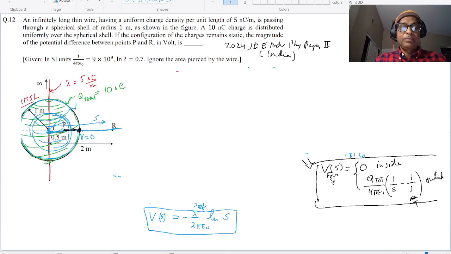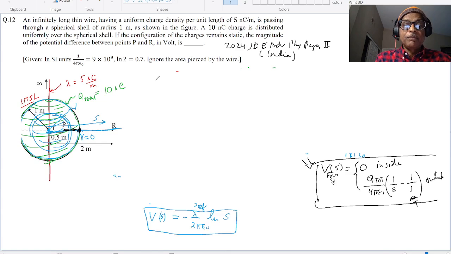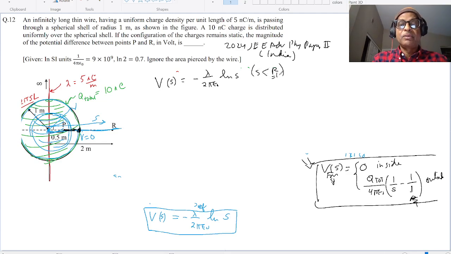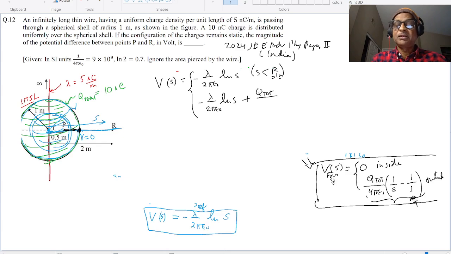Okay, so V at any distance S is just this: if S is less than R, equal to 1 meter, lambda over 2 pi epsilon naught log S, and this is coming from the charges in the wire, and then this stuff here, plus Q total on the sphere over 4 pi epsilon naught times 1 over S minus 1.